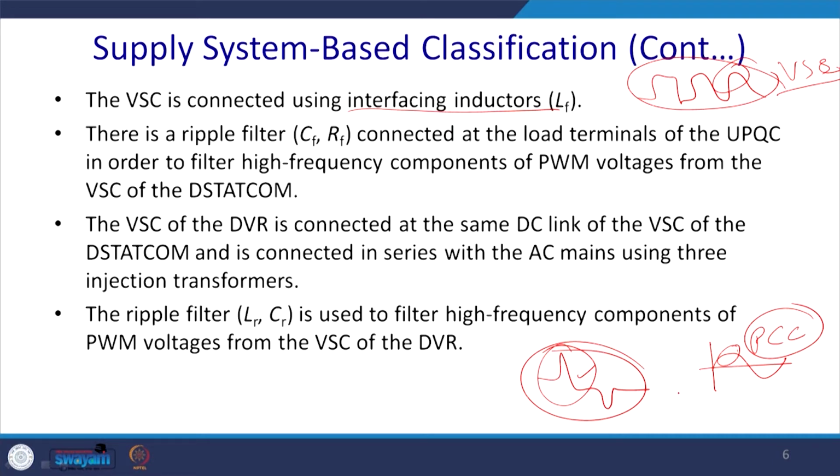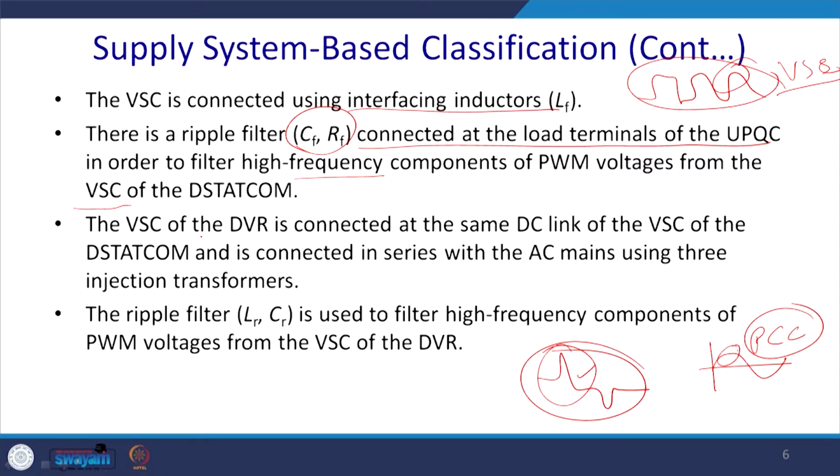There is a ripple filter, CF and RF, connected at the load terminals of the UPQC in order to filter the high frequency components of the PWM voltages from the VSC to the STATCOM.